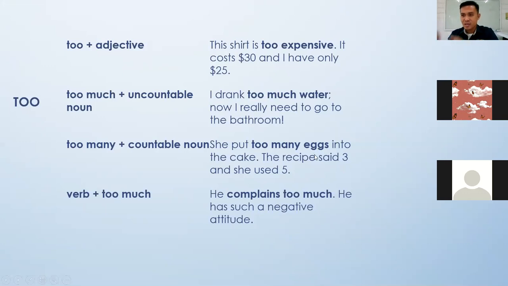Eggs is countable. So now what is the difference when you are using countable noun and uncountable noun? Many and much. Yeah, many. And then what next?